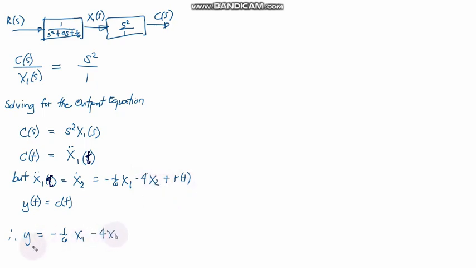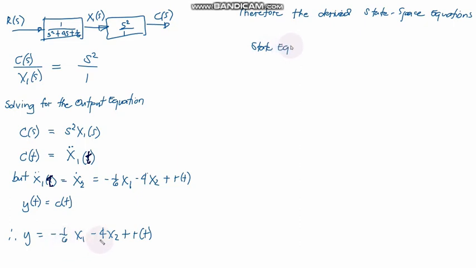And therefore, our output y(t), which is equal to c(t), which is x sub 1 double dot, which is equal to x sub 2 dot, is also equal to this. y is equal to negative 1 over 6 x1, negative 4 x2 plus r(t). Okay? So, therefore, the derived state space equation model will be this one.